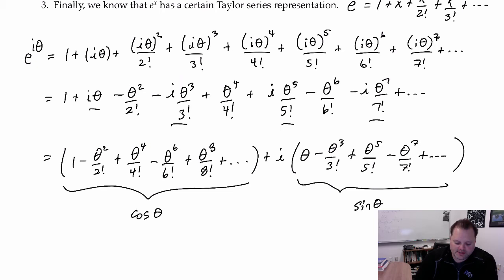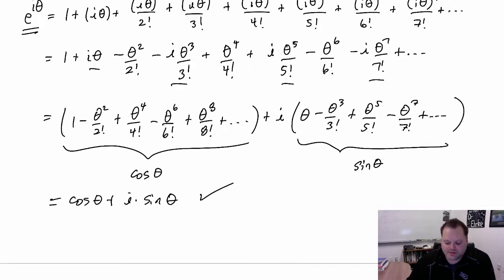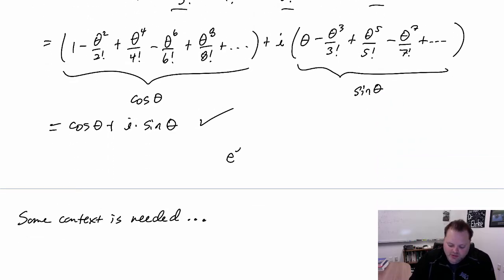So what you end up with is e to the i theta is nothing more than cosine theta plus i sine theta. So there's our third piece of evidence. From now on, anytime you see e to the i theta, remember in the back of your head that that's really just cosine theta plus i sine theta.